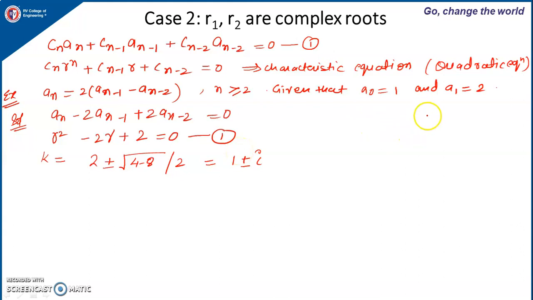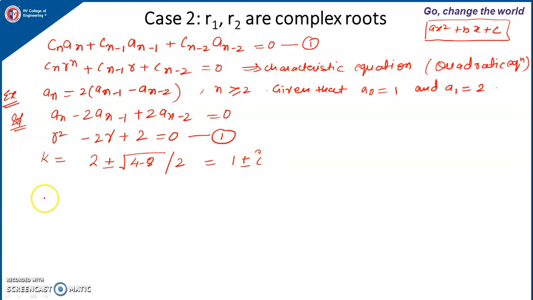A quadratic equation is in the form ax squared plus bx plus c, and by the Sridharacharya rule the roots are minus b plus minus the square root of b squared minus 4ac, where a is 1 and c is 2. Using that we find the roots. You can see 1 plus minus i, so this is the complex root.